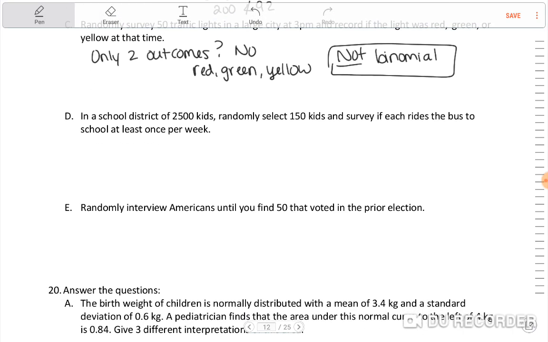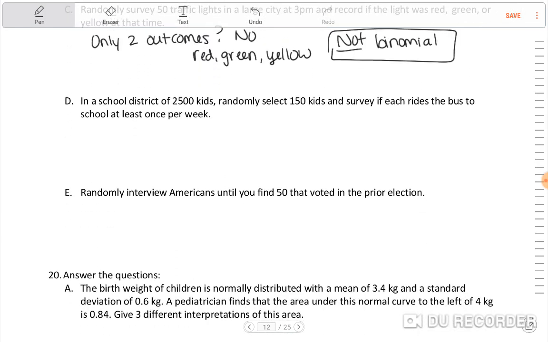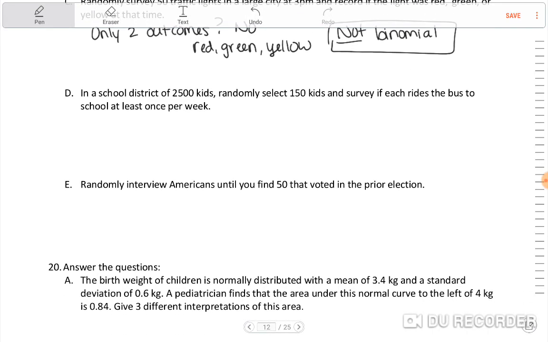In a school district of 2,500 kids, randomly select 150 kids and survey if each rides the bus to school at least once per week. For this one, let's check if it's independent. Fixed number of trials seems like that's a yes. Probability of success remains constant. Yeah, I guess so. Here's our population: capital N is 2,500.